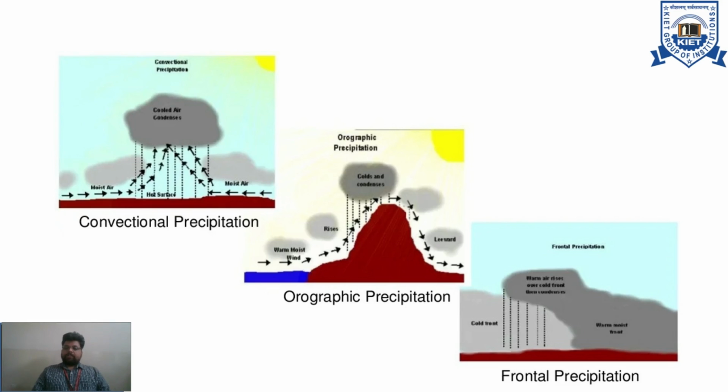Last one is the frontal precipitation, when two air masses, one hot air mass and second one called cold air mass, interact with each other. The cold air mass, having the higher density, tends to come under the hot air mass, and as soon as the hot air mass increases in size or depth, the temperature decreases because of the height difference, and the precipitation happens because of that.